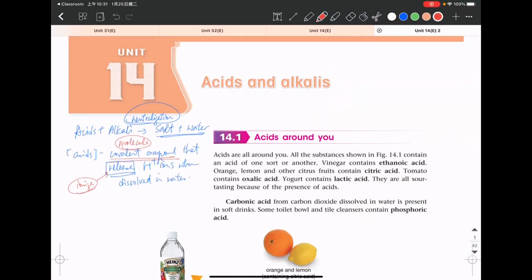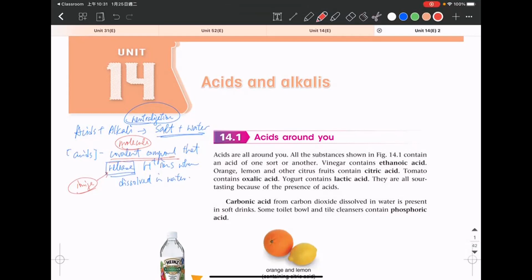What else do you know about acid? Yes, you want to say something? To your understanding, just free fall.